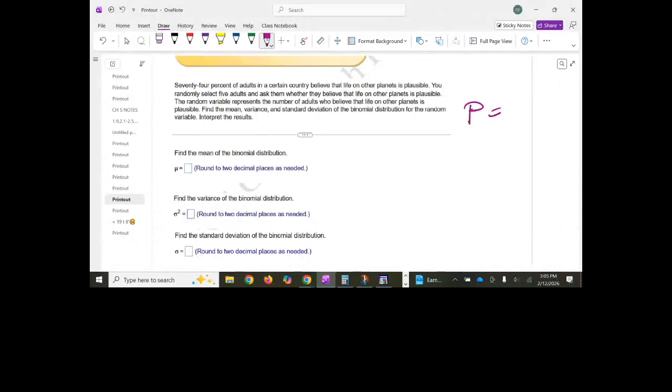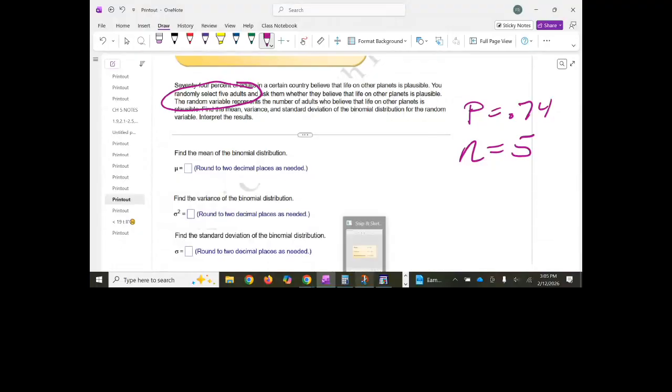Boom, P, 74%, 0.74. We randomly select how many people? 5 people, and ask them whether they believe life on other planets is possible. The random variable represents the number of people who believe, all that kind of good stuff.